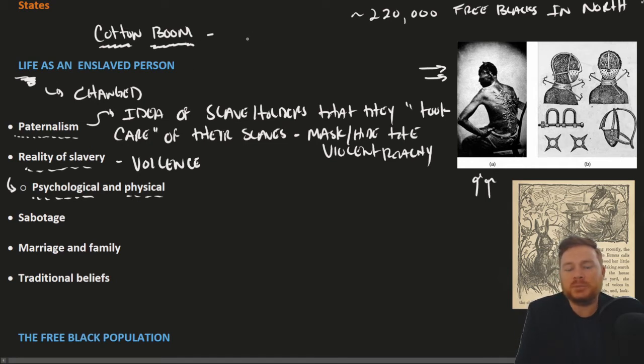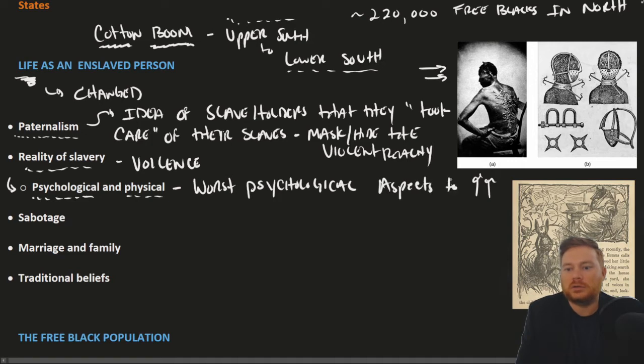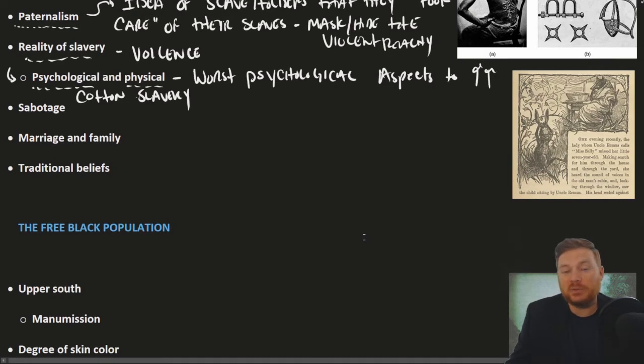Because of the shift of slavery, we'll talk about this a little bit more, from the upper South to the lower South, many slaves were sold from Virginia and Maryland to places like Texas, Arkansas, etc. And we might say one of the worst psychological aspects to cotton slavery in particular was the uneasiness that certain family members could be sold, that husbands and wives were separated, that children were separated from their families.